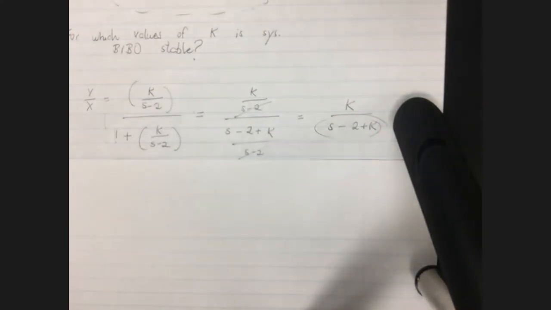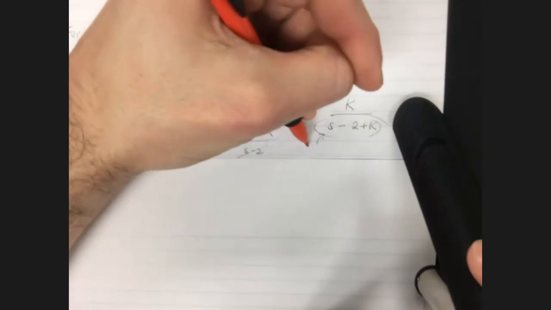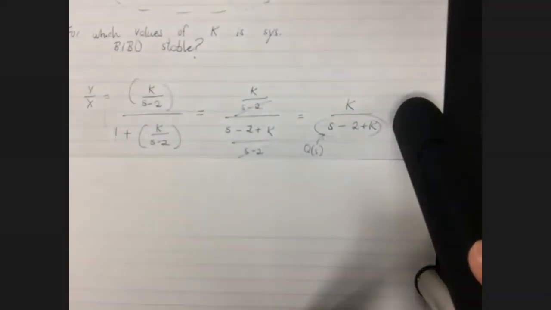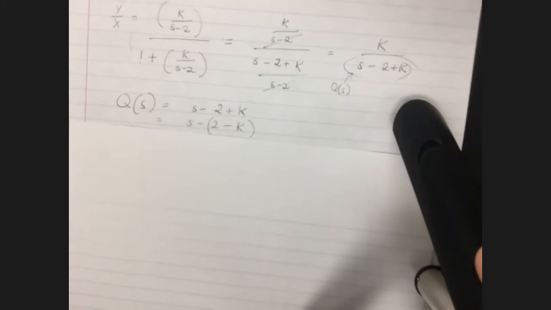All right, it seems like a few of you have gotten there. We want to ask ourselves what is going to make the denominator, which becomes our Q of S right here, equal to zero. So Q of S is S minus 2 plus K, and we're going to set this equal to 0 in a bit, to see for which values of S it equals 0.